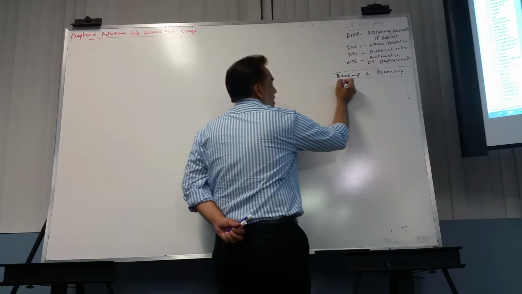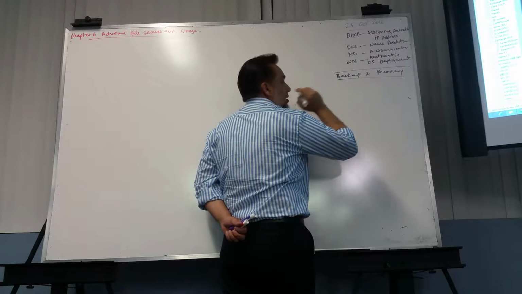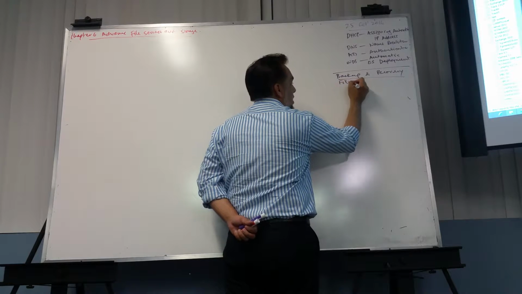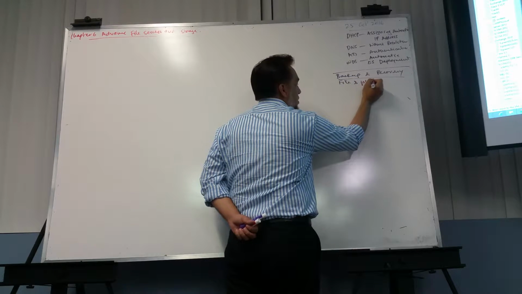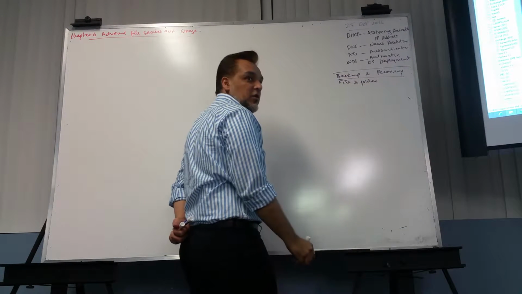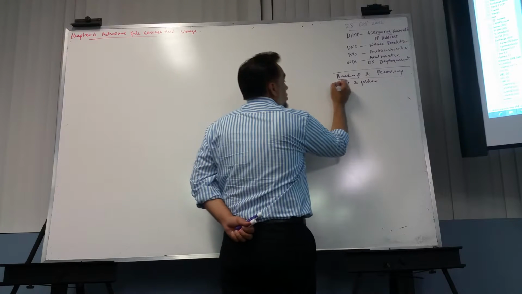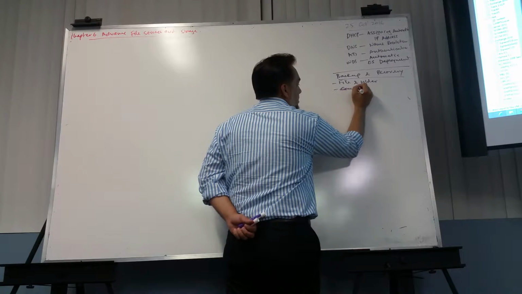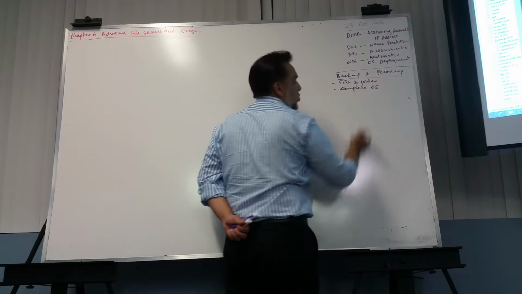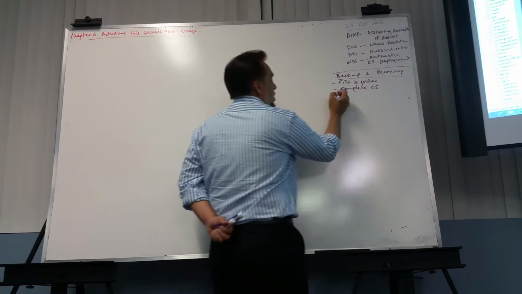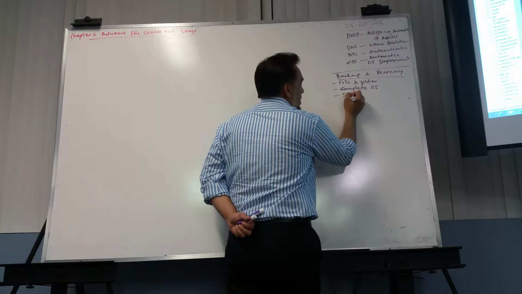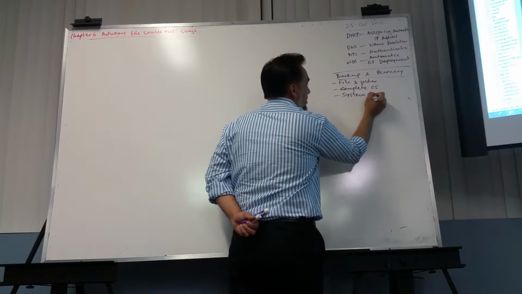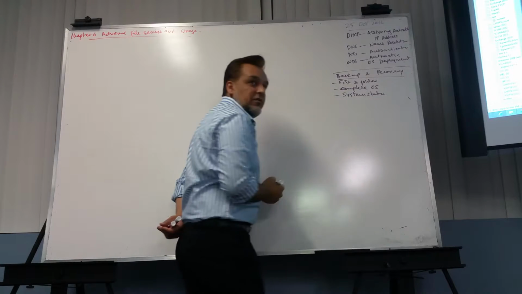In backup and recovery, basically it has backups of files and folders, and you can then recover them. You can back up the complete operating system and recover it. You can also take a system state backup and recover it.